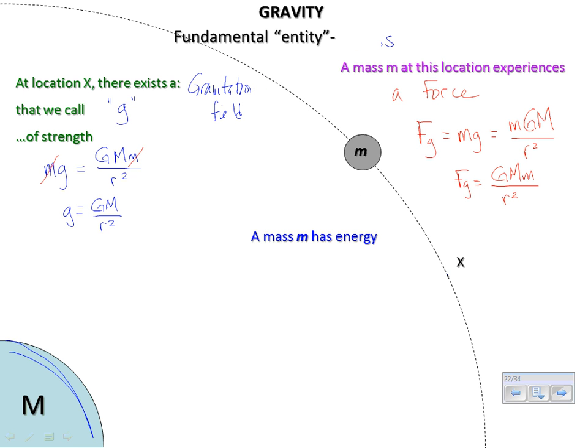Now we also said that masses placed in fields have energies, specifically what we called gravitational potential energy, which we wrote before as mgh. Now, h here, let's call it really mgr, because what we really care about is the separation between masses.